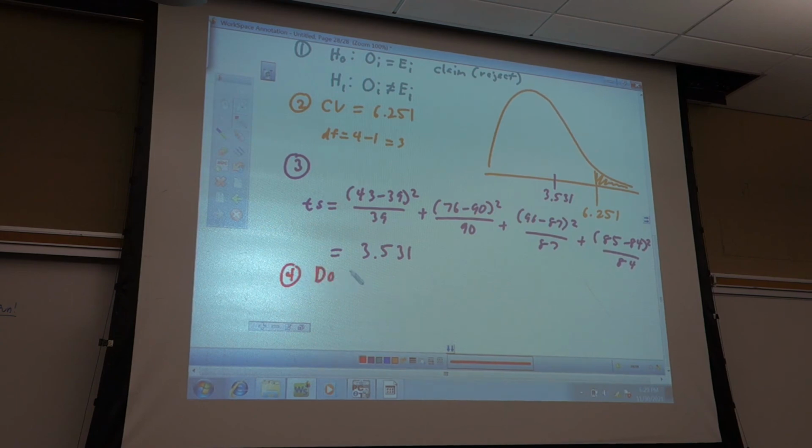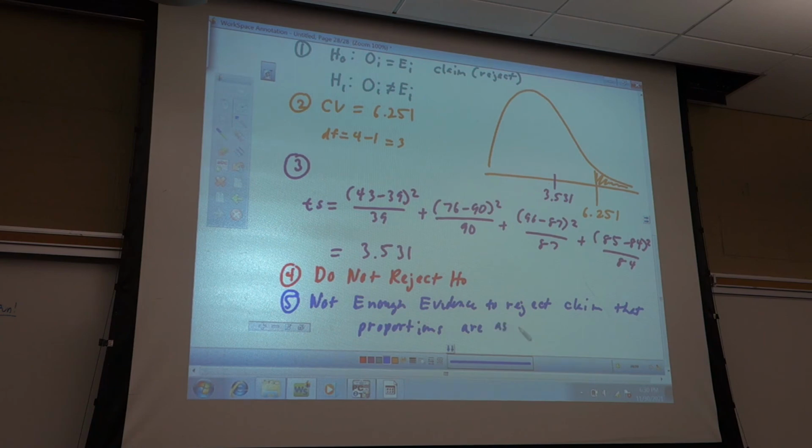So do not reject H naught, which means that there is not enough evidence to reject the claim that, and again, you can just use the simple generic one, that proportions are as expected, exactly.